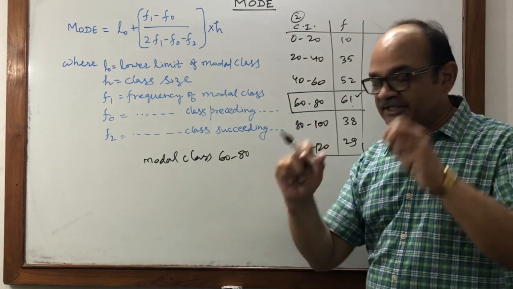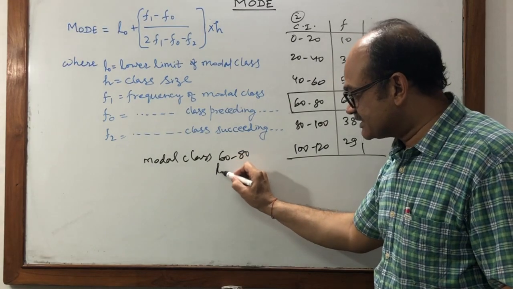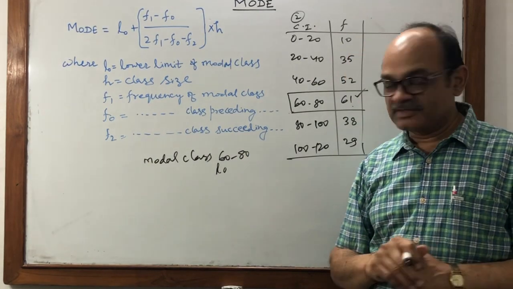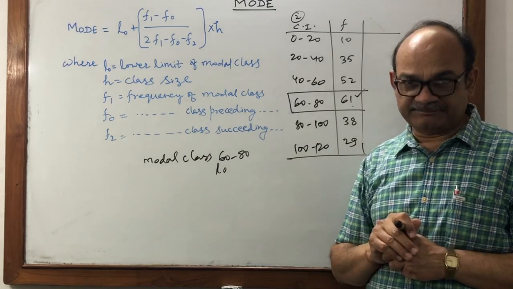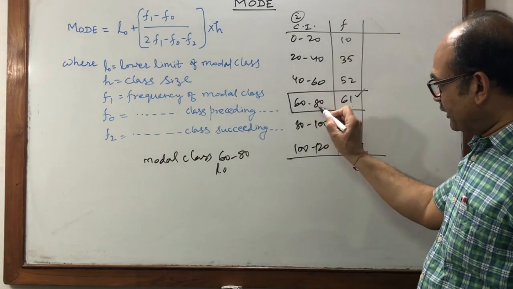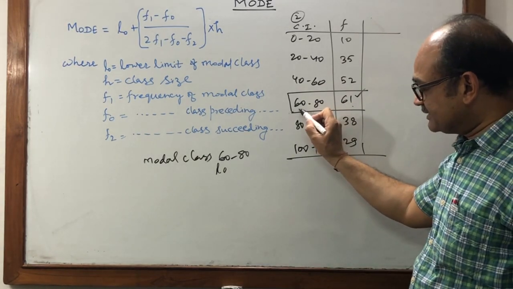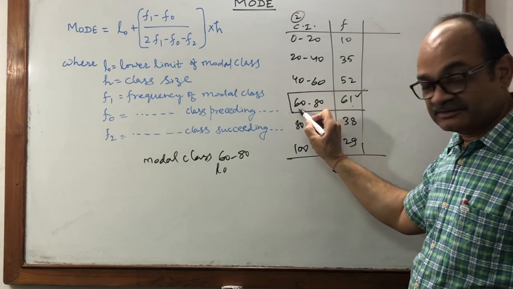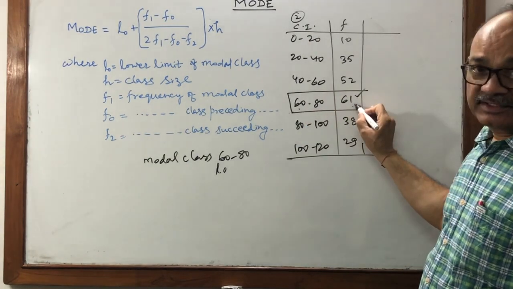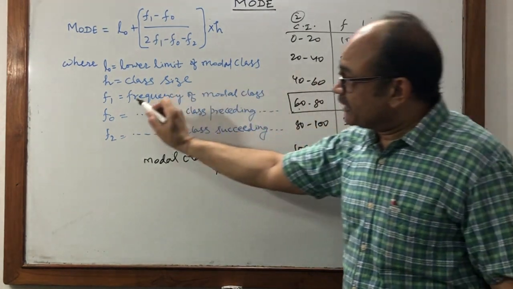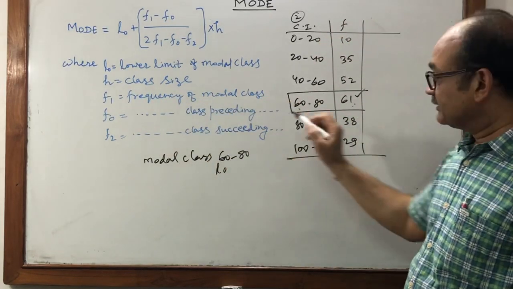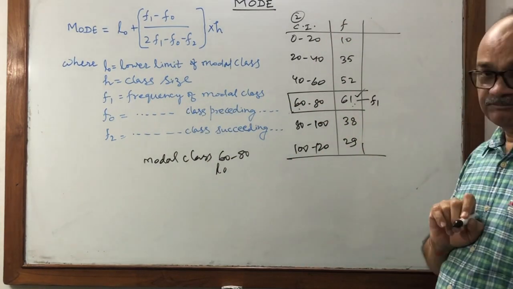What is the lower limit of the modal class? Is said to be L0. What is upper limit? 80. 60 to 80 is the modal class. This is L0, lower limit. This 61 is said to be frequency of modal class, that is F1.